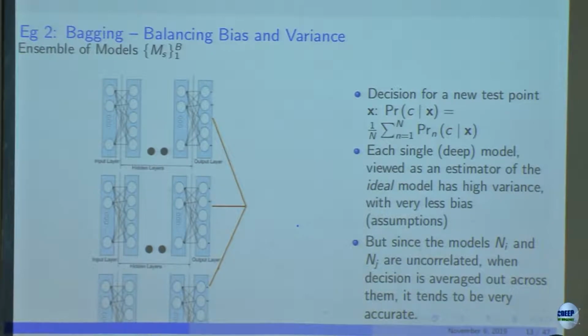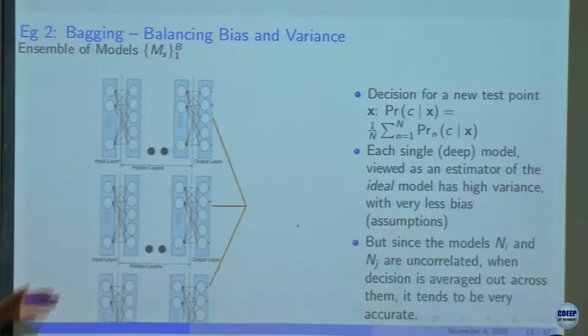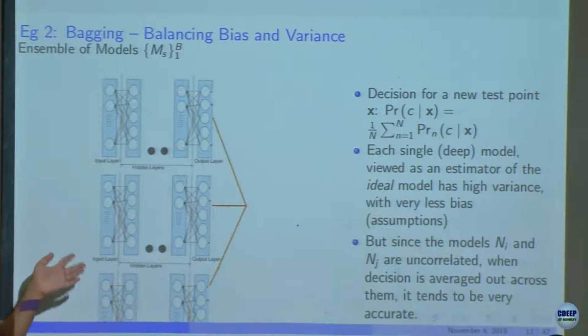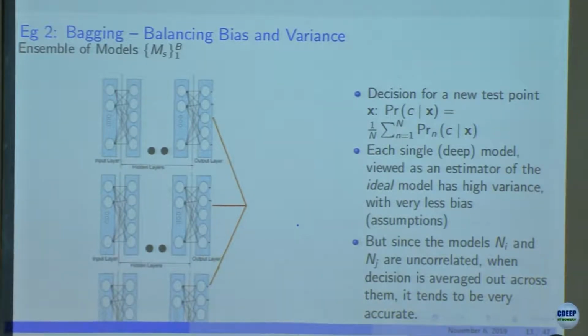As I said, these models are mainly motivated by decision trees, but yes, people have applied this to neural networks as well. You need to make sure that the network architecture has reasonable flexibility, is not too biased, so that it serves a purpose. And if the bias is low, even with a large variance, since the models are uncorrelated, if you do an averaging, you basically have the errors cancelling out. So there is a noise cancellation that is happening in bagging.